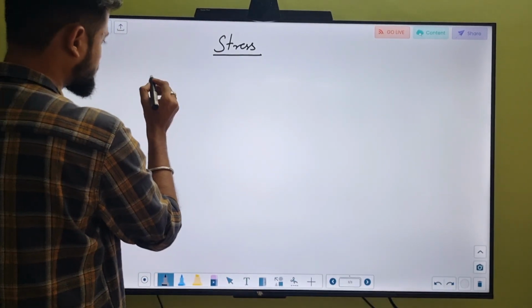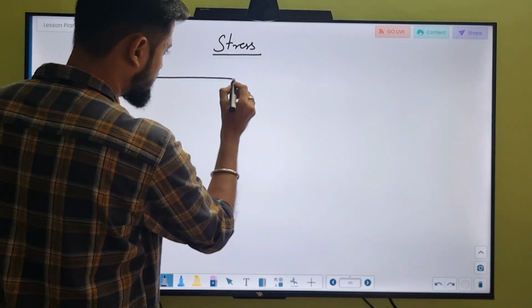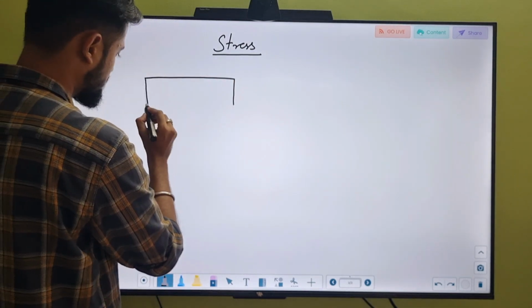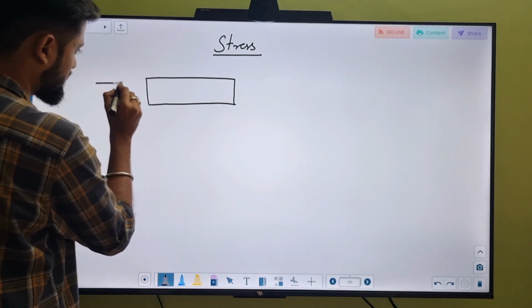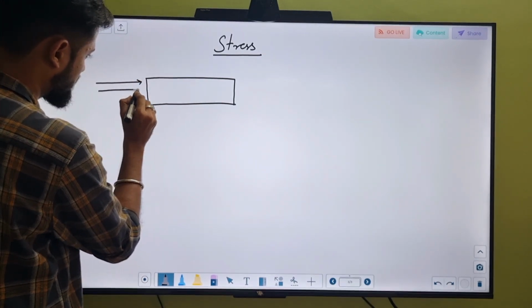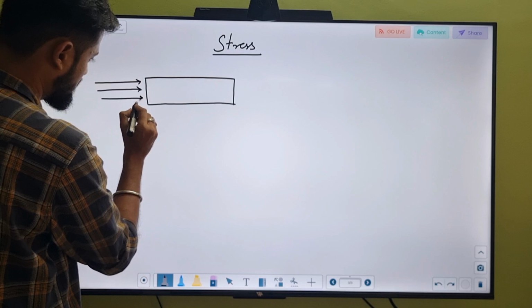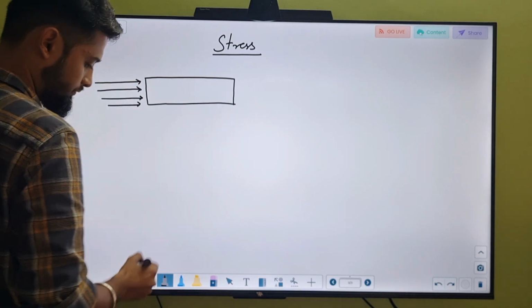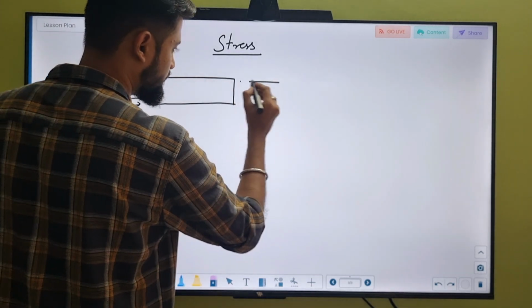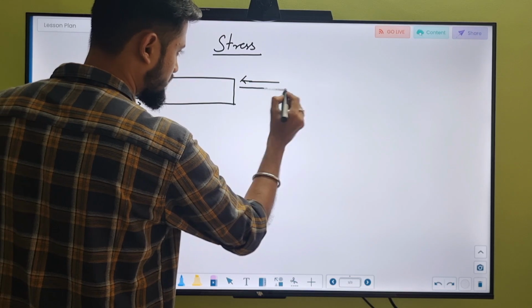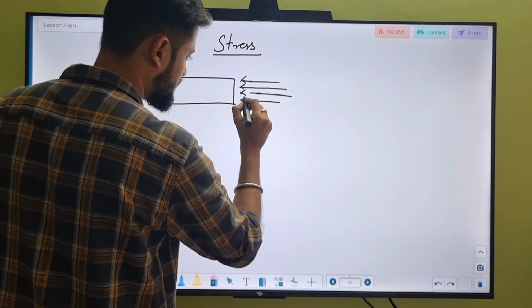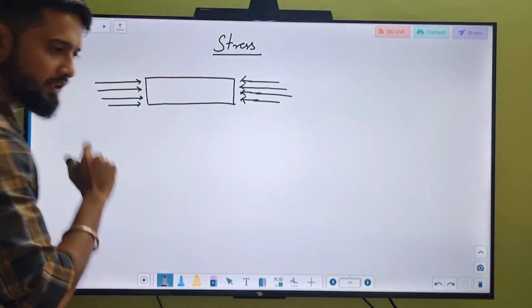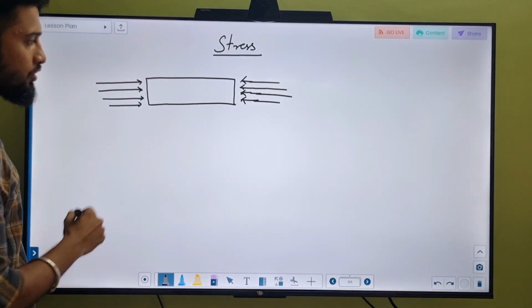Okay, so if I take a material, any material, and if I apply stress, if I apply force from both the sides, so what happens?